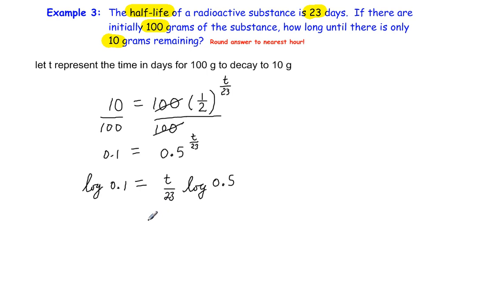And now we have to apply some algebraic skills here to isolate T. So the first thing I would do is divide both sides of this equation by log of 0.5. That'll get rid of the log of 0.5 on the right hand side, so you can cancel those out.